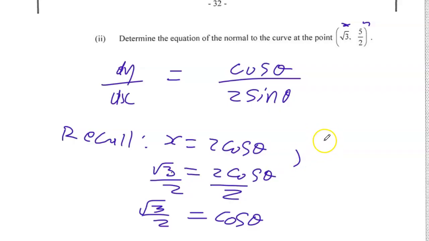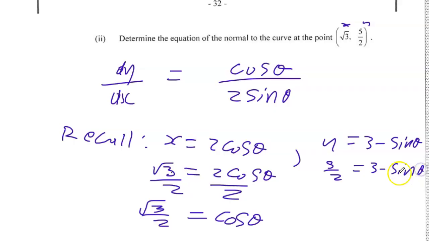Also, y was equal to 3 minus sine theta. And so y is 5 over 2, equal to 3 minus sine theta. If I do some transposing here, sine theta is 3 minus 5 upon 2.